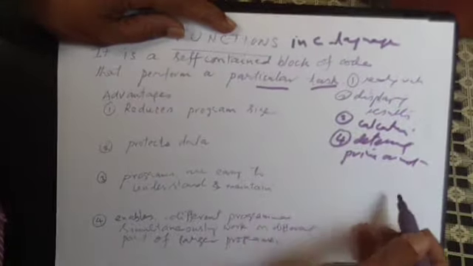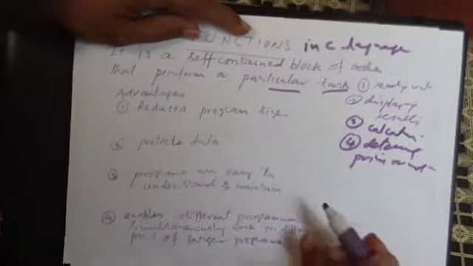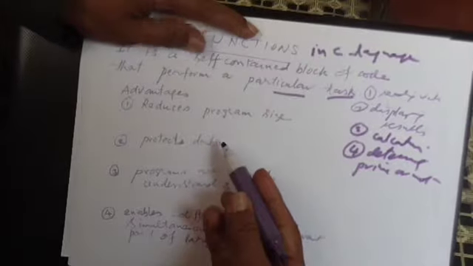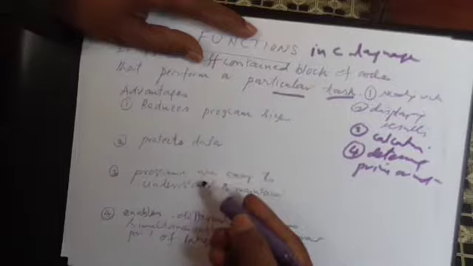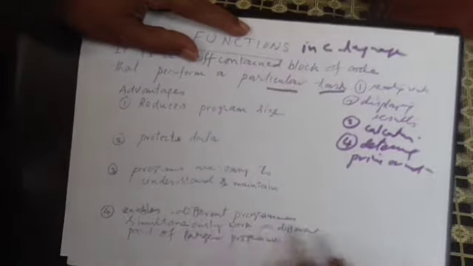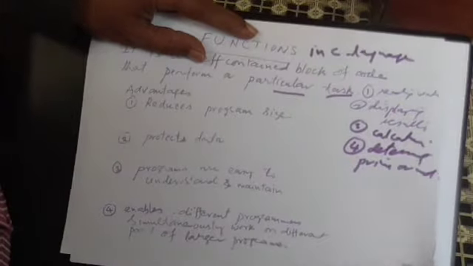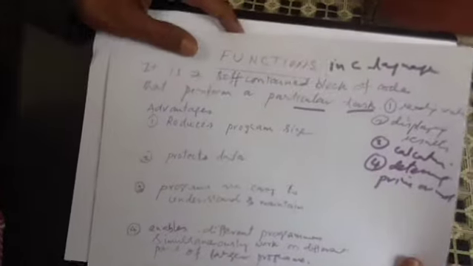There can be a number of specific tasks. For each of the tasks you can define a function. And we say that it reduces the program size, it protects the data, the programs are easy to understand and maintain, and it enables larger programs to be developed independently by different users.